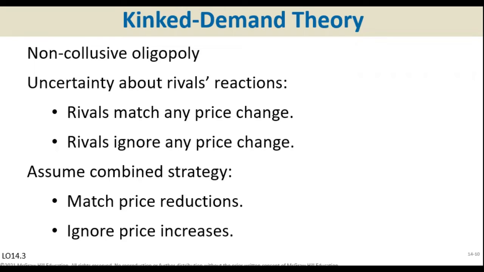On the other hand, it is reasonable to assume that if a firm raises the price, the rival will ignore that price increase, in an effort to steal consumers from the firm that raised its price.